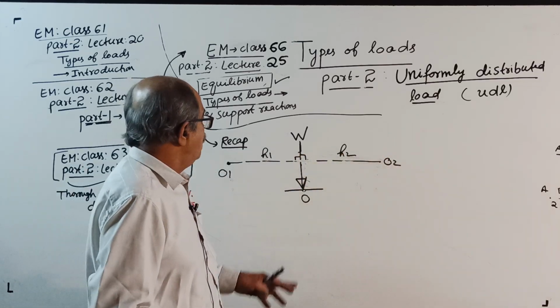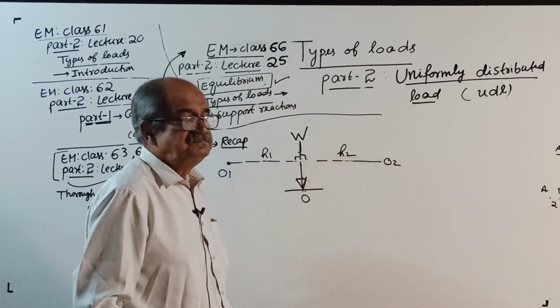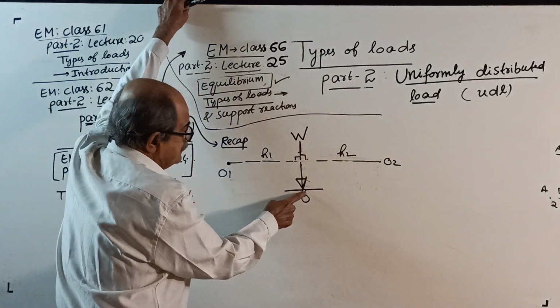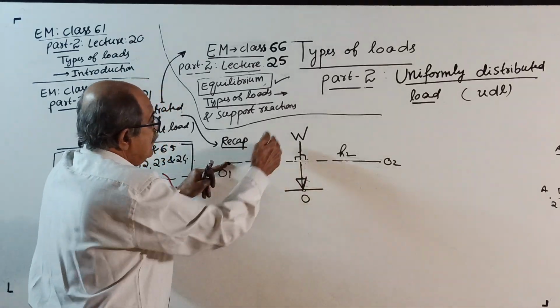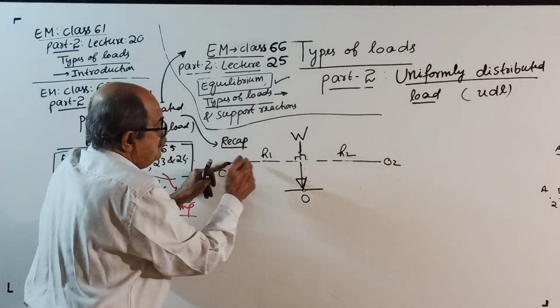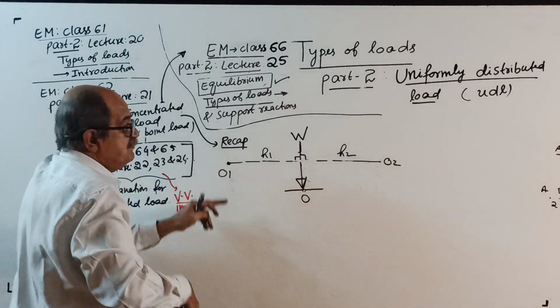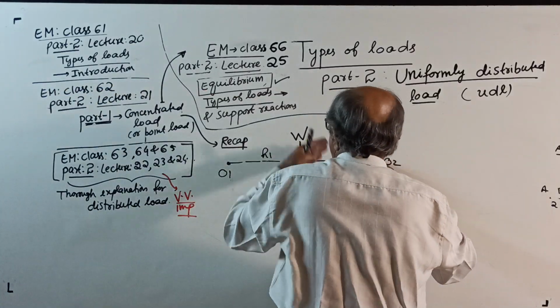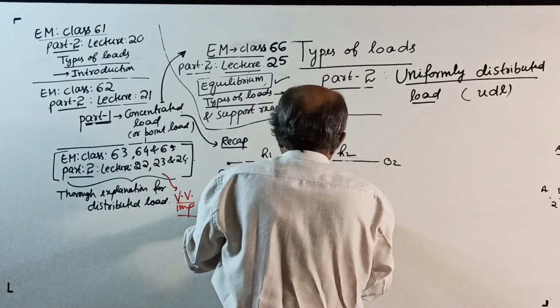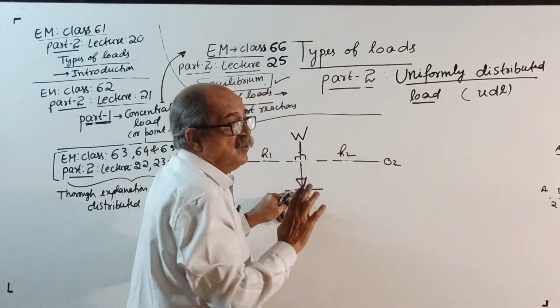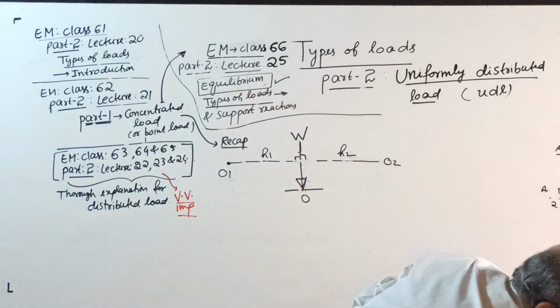Now I told magnitude is W. Line of action passes through O vertically down. Moment about O1 is W into H1 this way. Moment about O2 is W into H2 this way. Moment about O is 0. This I first told. Okay.